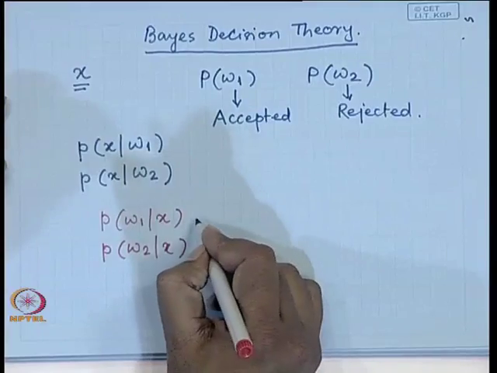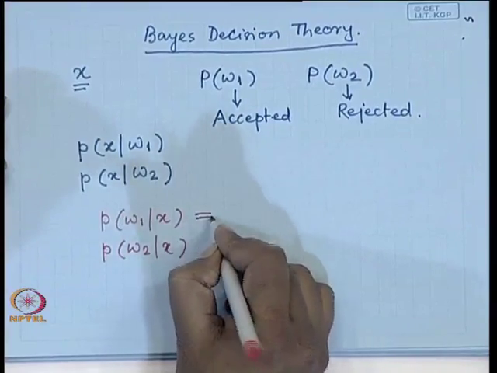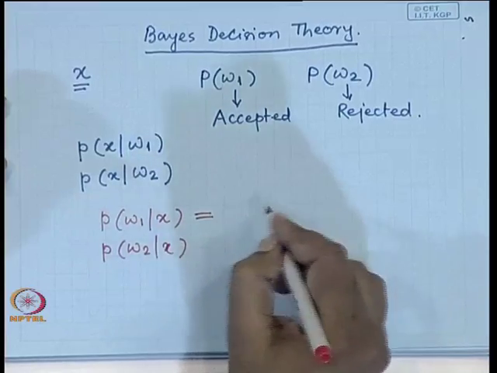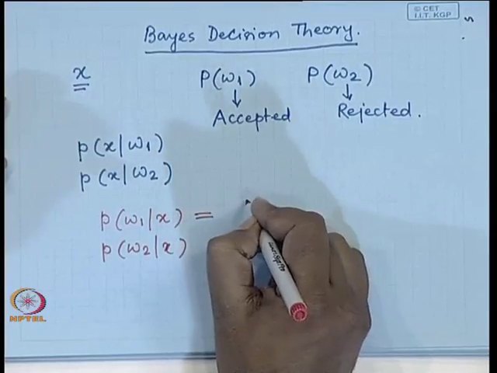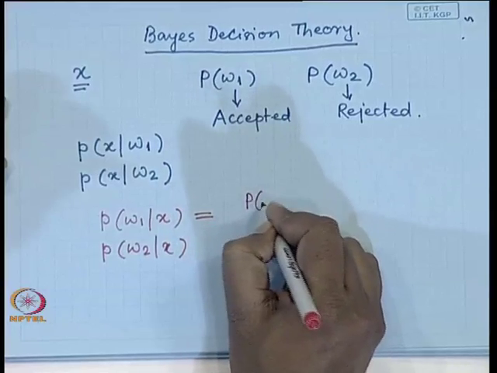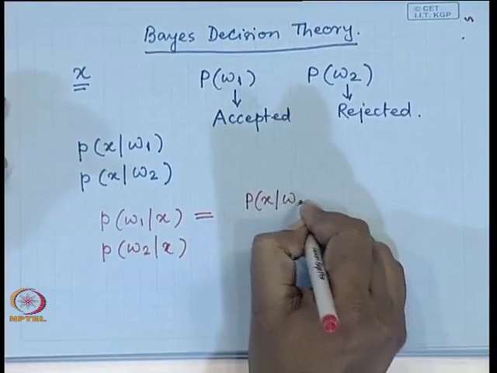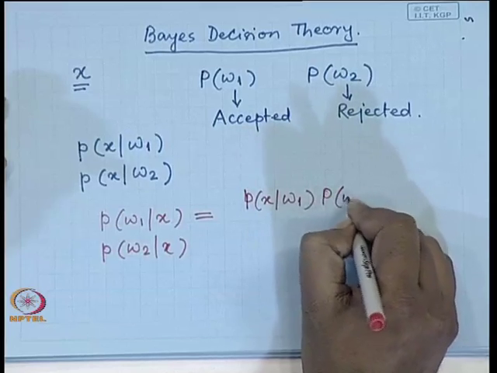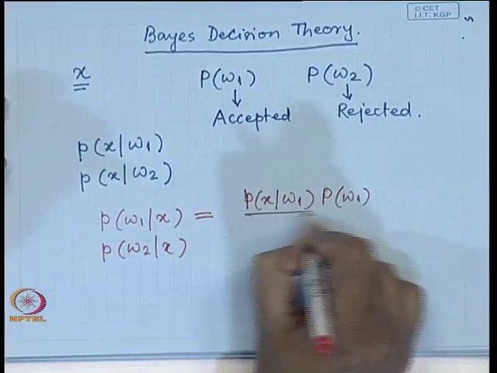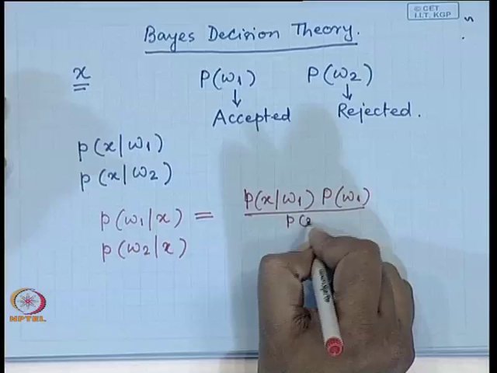Here p of omega 1 given x, we have said from Bayes rule, is nothing but p of x given omega 1 into p of omega 1 upon p of x.